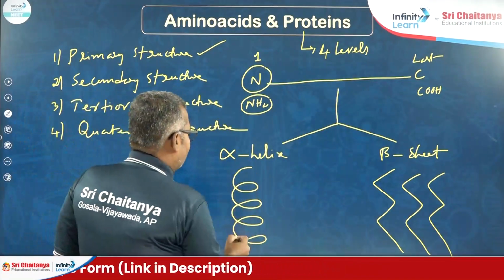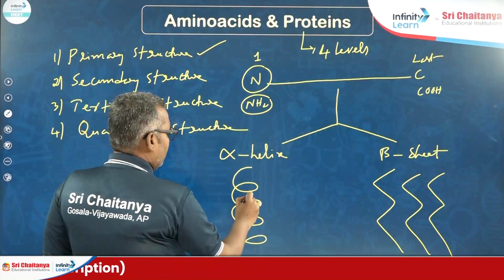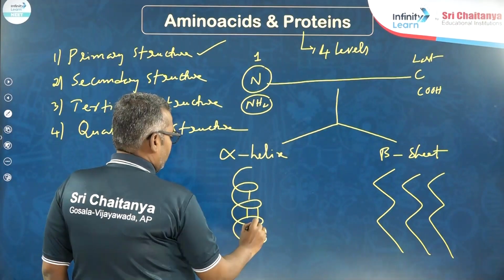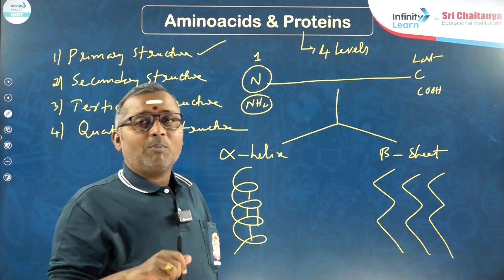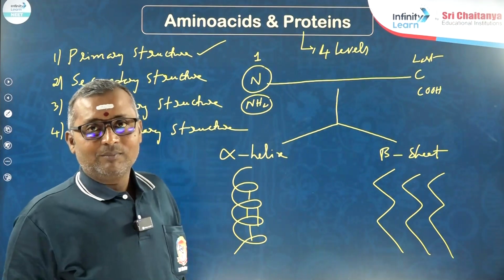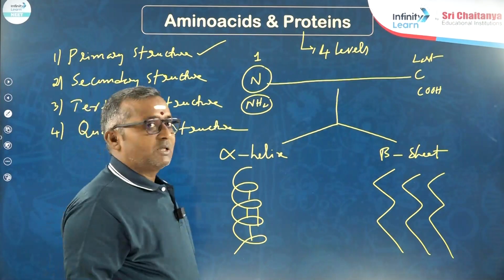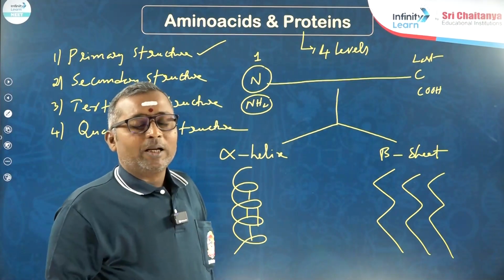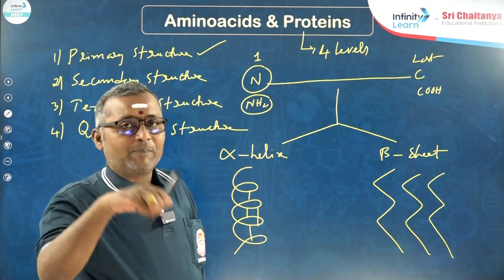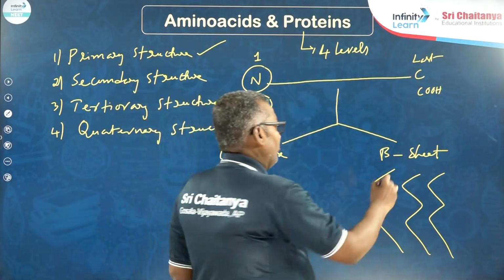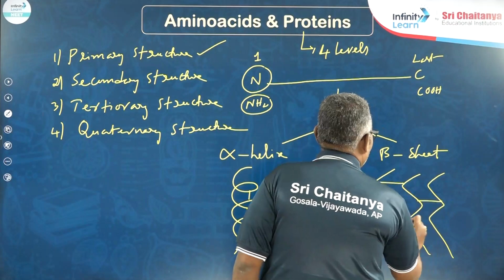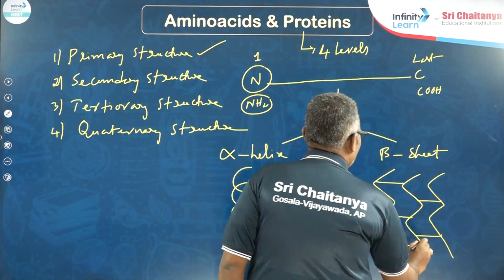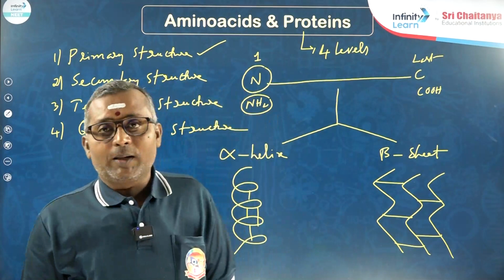In the alpha helix, intrapeptide hydrogen bonds are present, not inter. Intrapeptide hydrogen bonds between CO group and NH group. Whereas in beta pleated, interpeptide hydrogen bonds are present between CO group and NH group.